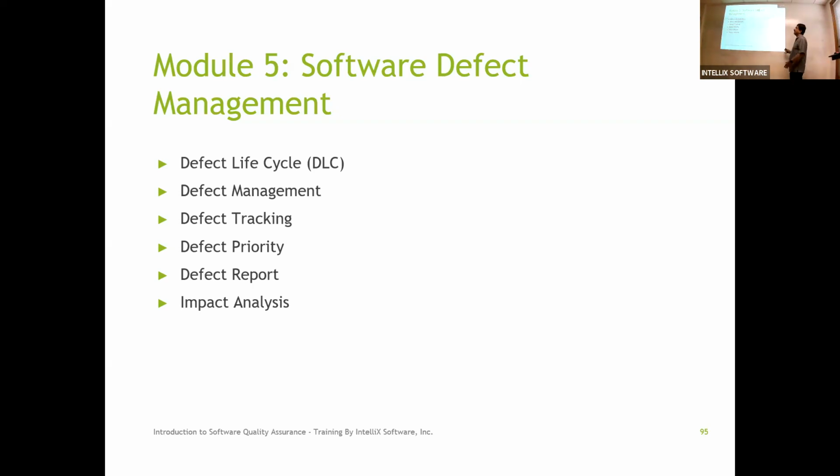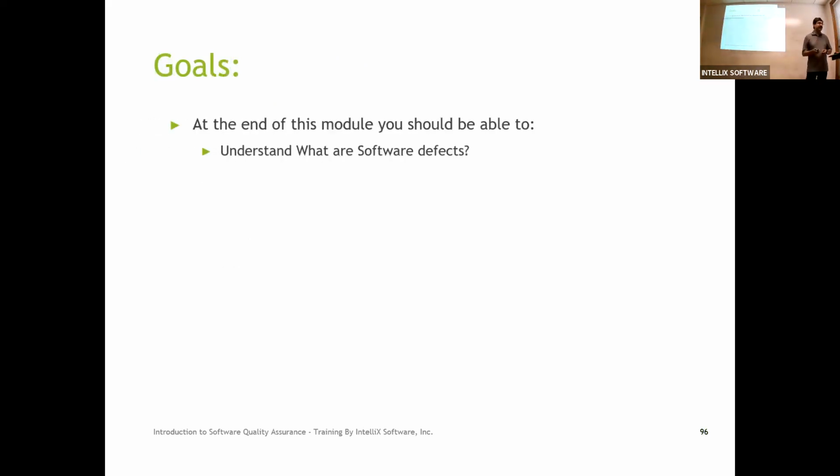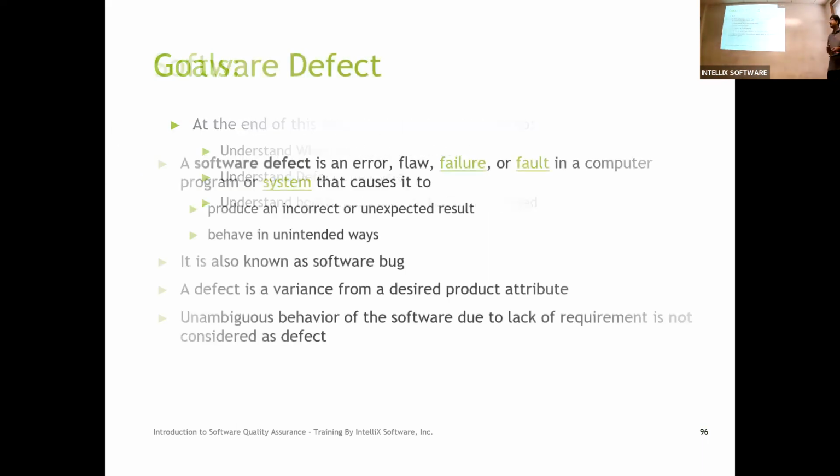That entire aspect is known as defect lifecycle management. Okay, and then there is a process around it for tracking, prioritizing it, and doing an impact analysis around it. So the purpose of this one is to understand how and what the defects are.